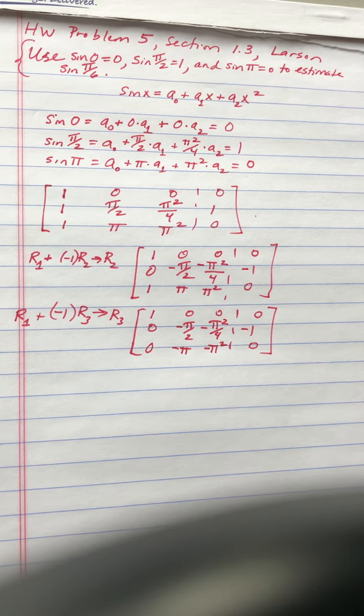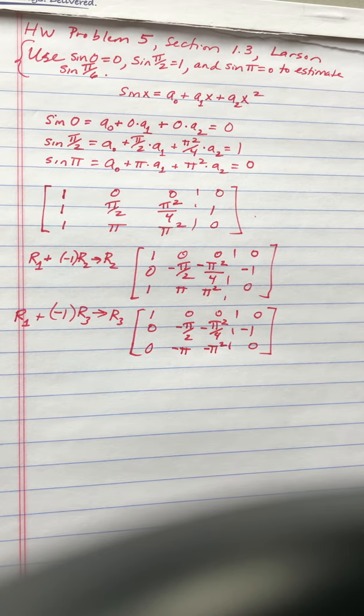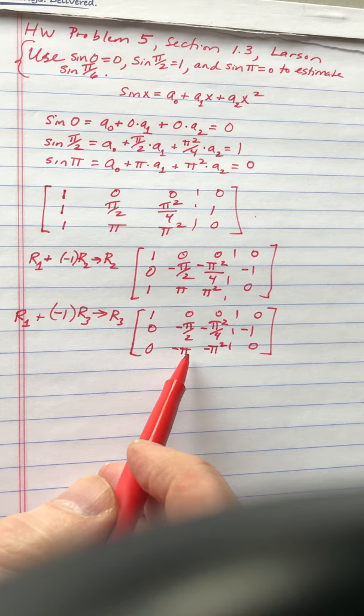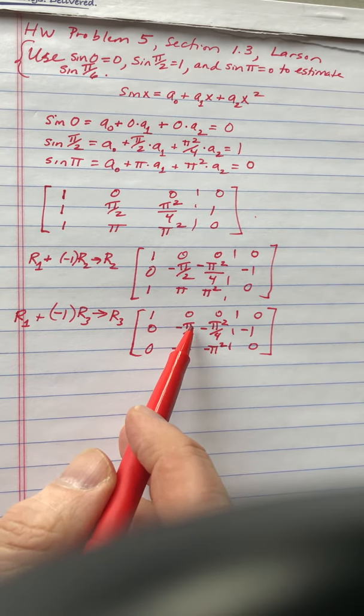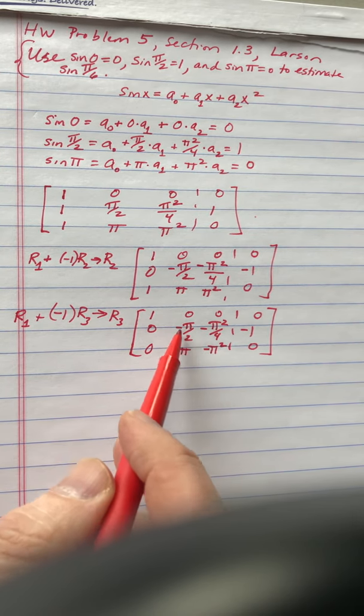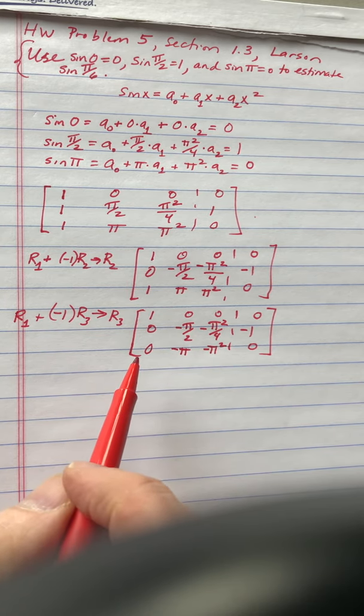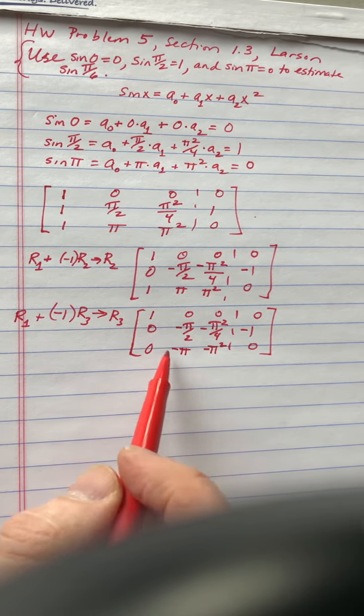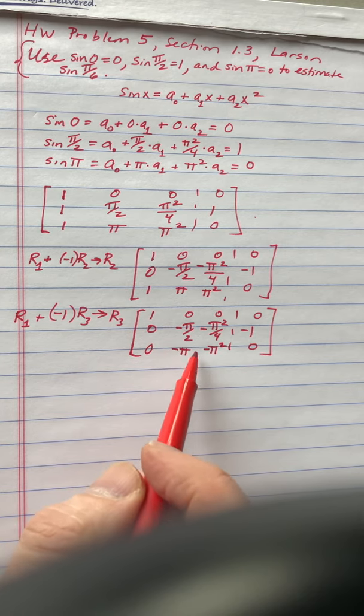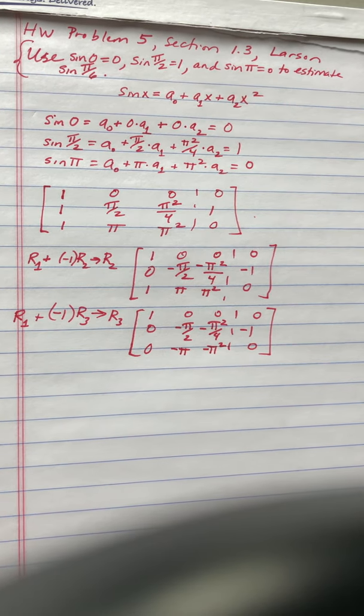Now I claim if I add negative 1/2 times row 3 to row 2, this middle term will disappear. That's kind of nice. Or actually I can make this negative pi disappear. That might be nicer.